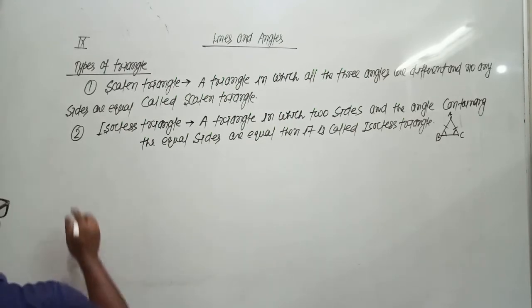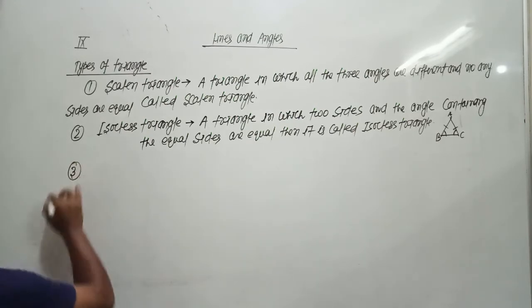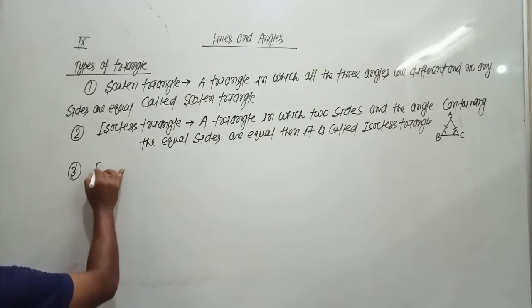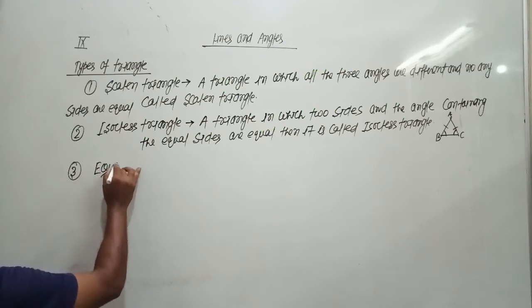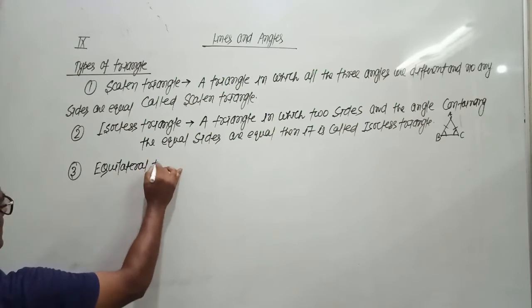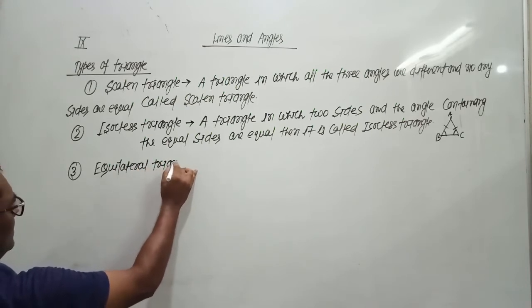Then the third triangle is called an equilateral triangle.